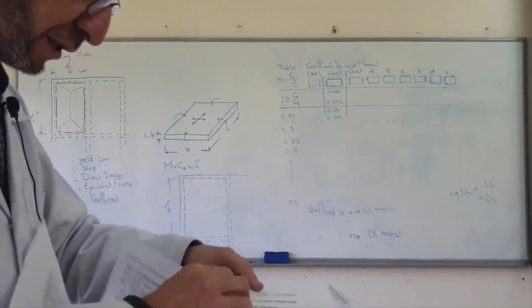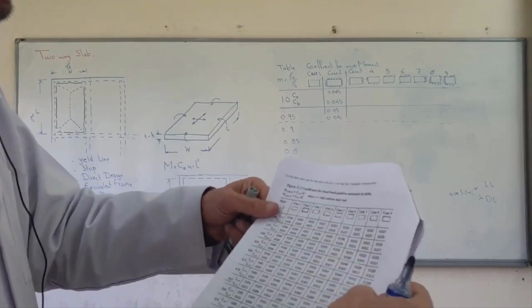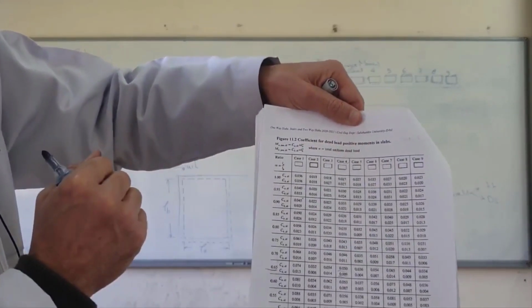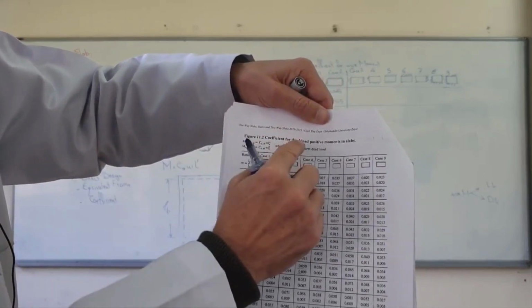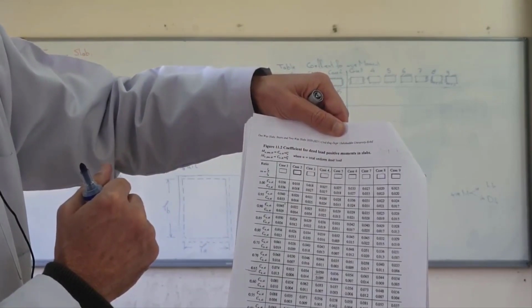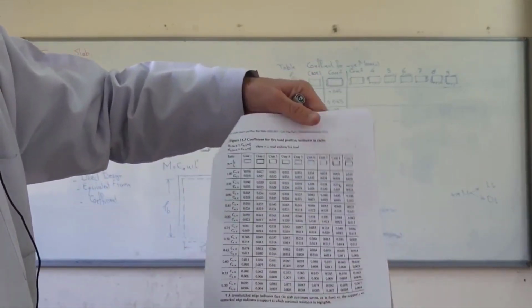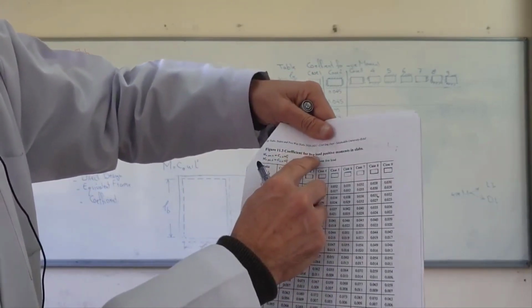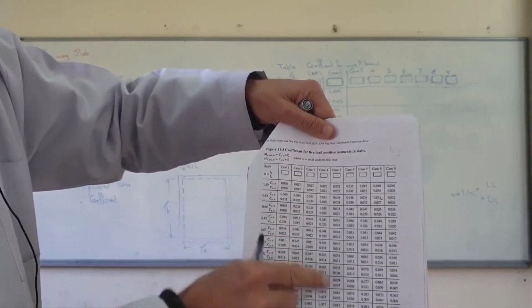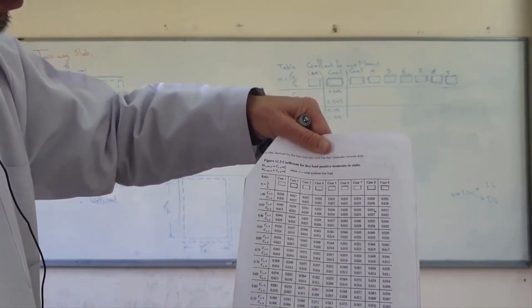For positive moment, we have 2 tables. This table is for the positive dead load moment. Another table is for positive moment just for live load. These are coefficients used for live load.